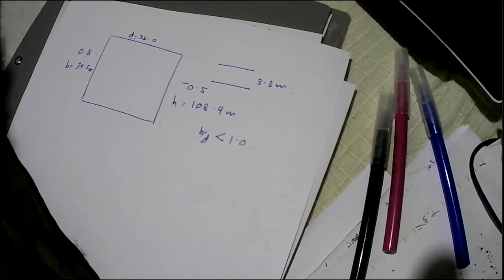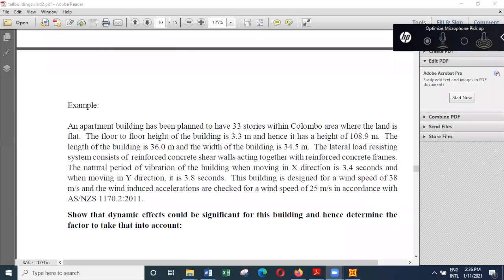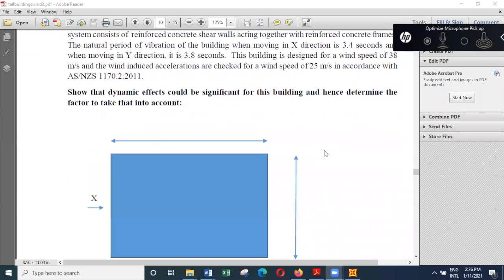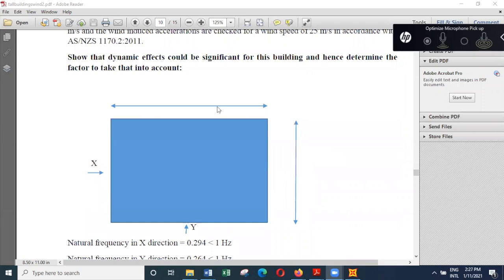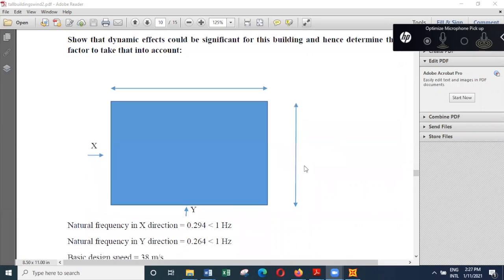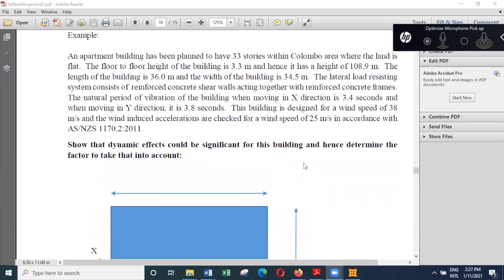First option. The length of the building is 36, D is 34.5, and the natural period of vibration has been given in the x direction as 3.4 seconds, y direction as 3.8 seconds.